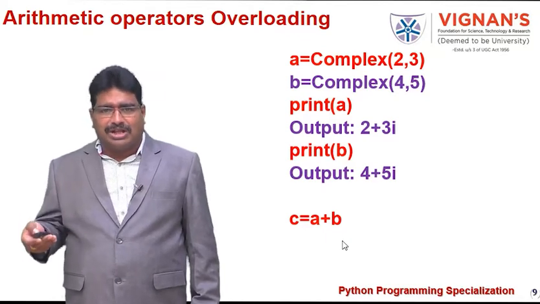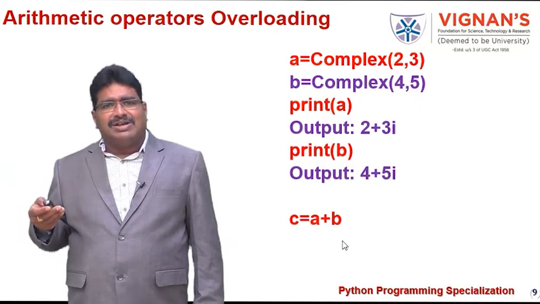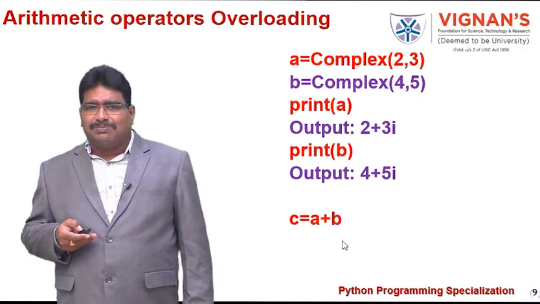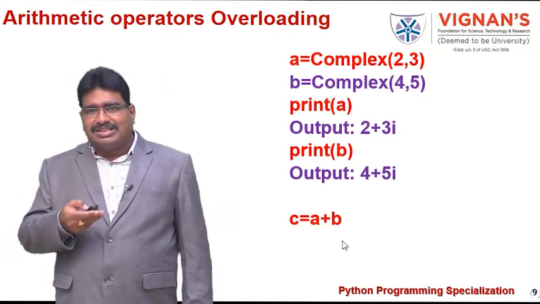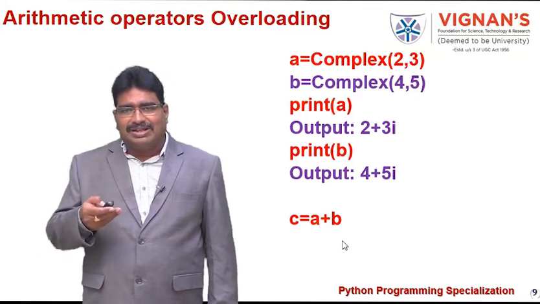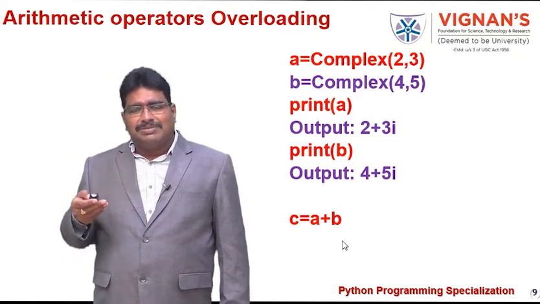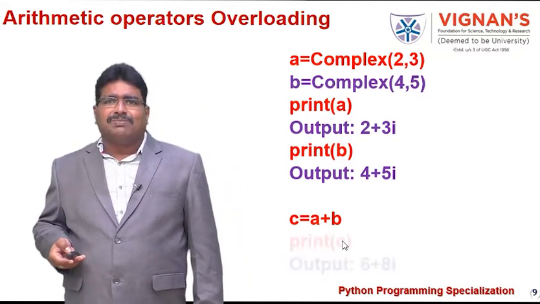It takes two parameters, self and other, and performs the addition of the real values and imaginary values, and the result is returned. Now when we take C is equal to A plus B, automatically self represents A and other represents B, and the sum of their real values is assigned to C dot real, and the sum of the imaginary values of A and B is assigned to C dot imaginary. Now we use print C.